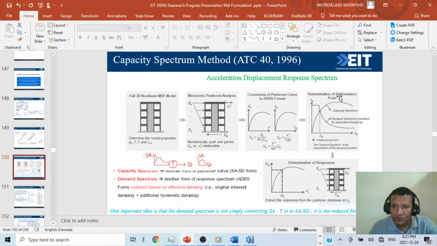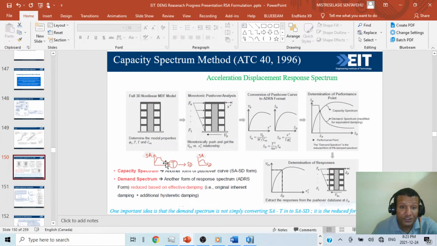Then determination of the performance point. Once we change the pushover curve to the capacity spectrum, we have the demand curve also. This is the demand spectrum modified for equivalent damping. For the demand part we have spectral acceleration with time, the response spectrum.